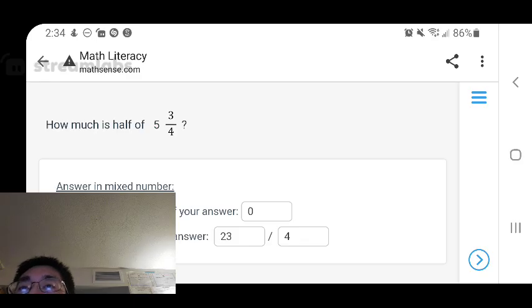Oh, that's an improper fraction. The question says to answer as a mixed number. I did not read the question.